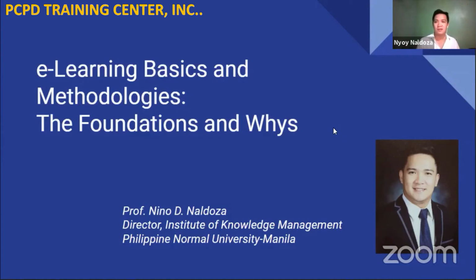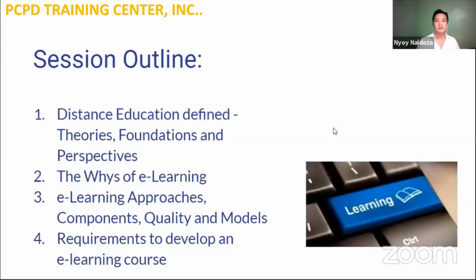So, you will learn in this topic the basics or the general perspective for the remote and flexible learning as well as e-learning. So, these are the topics. I will be defining distance education from the theories, foundations, and the perspective, as well as the whys of the e-learning. What are the approaches, the components, the qualities, and the models for e-learning, as well as what are the general requirements to develop an e-learning course.